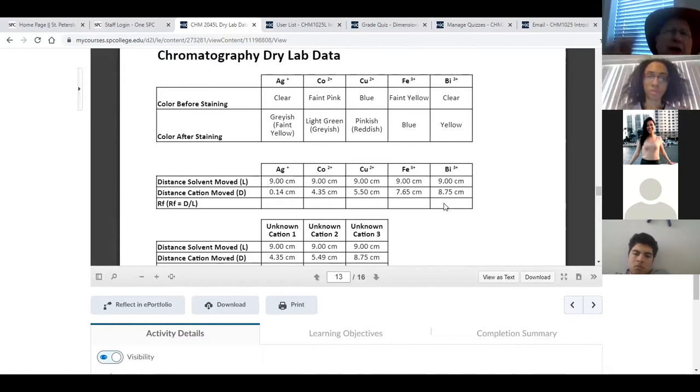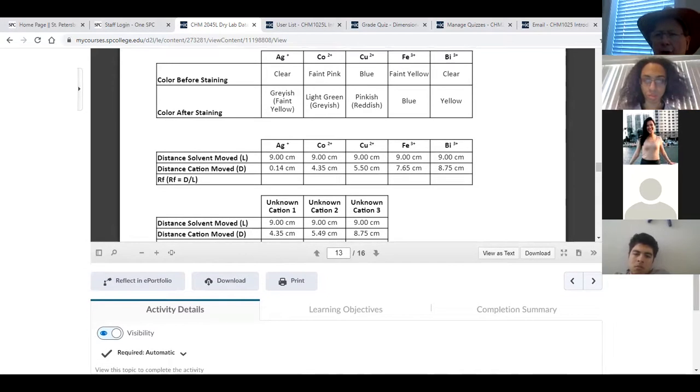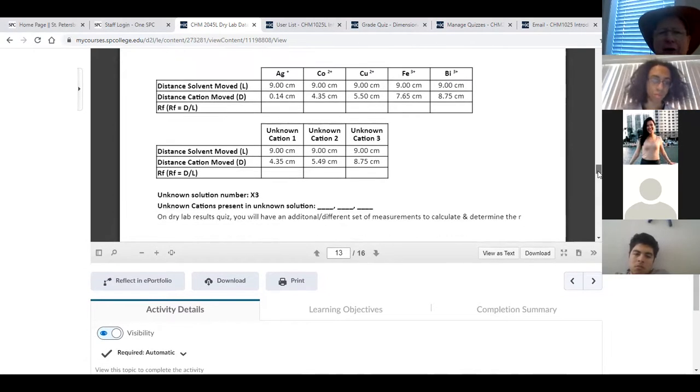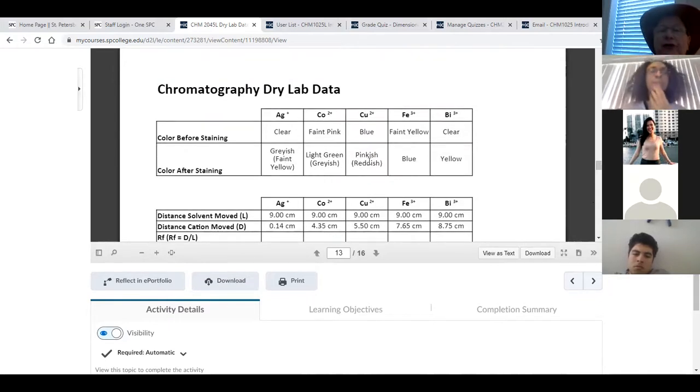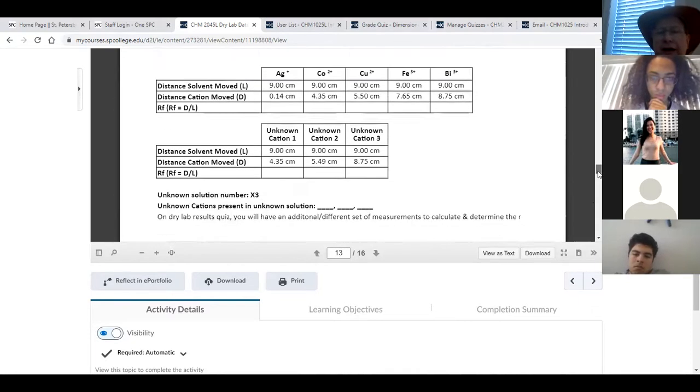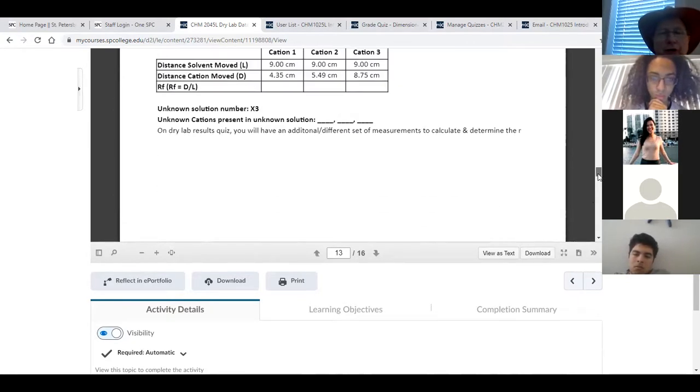In this particular case, it had 3 spots, so you are going to calculate the Rfs for each one of those. Then you're going to compare the Rfs and how your unknown stains. If you get a match, then you can identify that unknown. Question about the data table, guys?